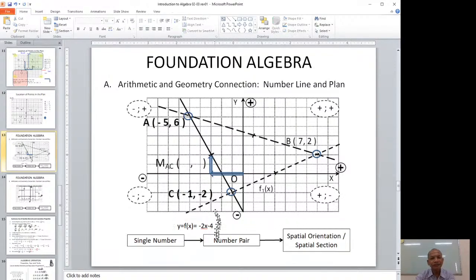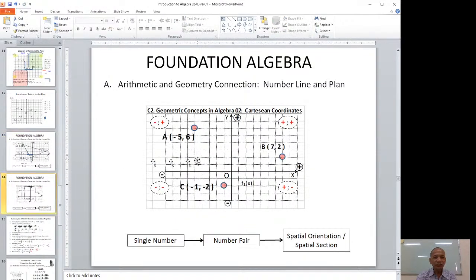You can see it. Again here you see negative 1, negative 2, the coordinates of the red points C, A, and B, and you can count them.